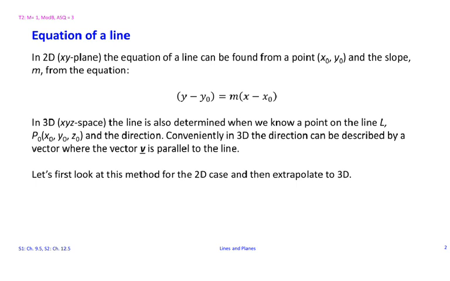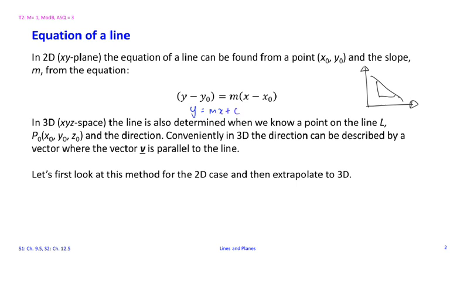If we had a line, we'd find the gradient, and with a point we can substitute into this equation: y minus y naught is equal to the gradient times x minus x naught, and we'll be left with something in the format of y is equal to mx plus some constant.